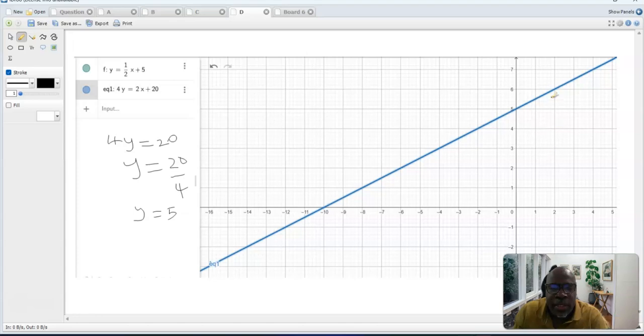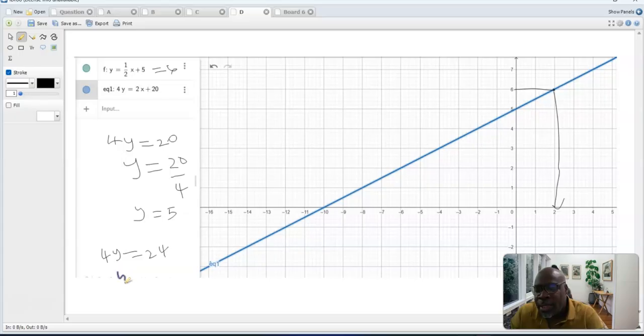What happens when x is 2? When x is 2, y is 6. Take a good look at this. Half times 2 gives us 1, and 1 plus 5 is 6. So y is 6 here. In the other equation, when x is 2, 2 times 2 is 4, so 4y will equal 24.